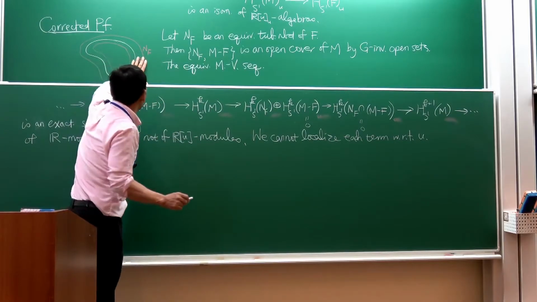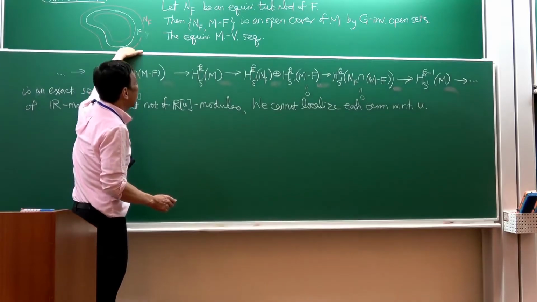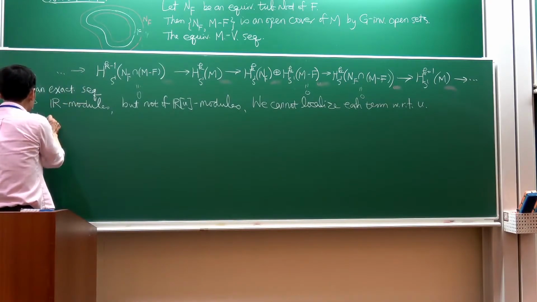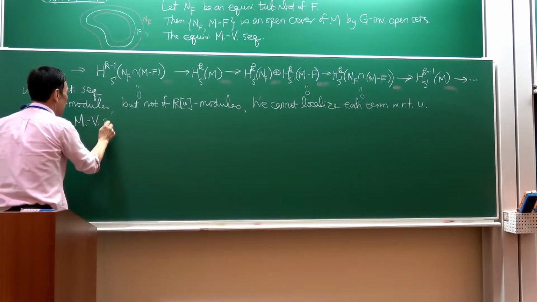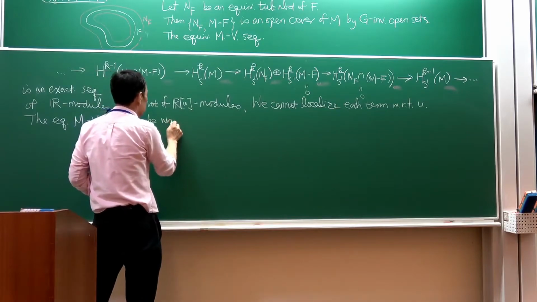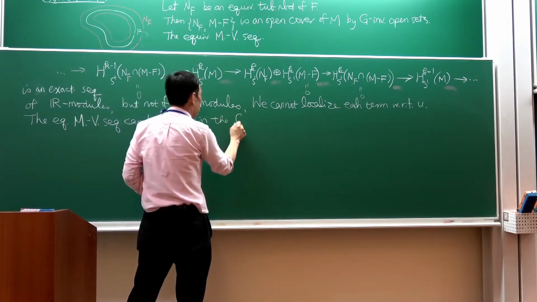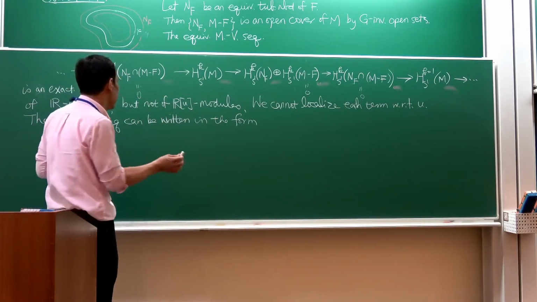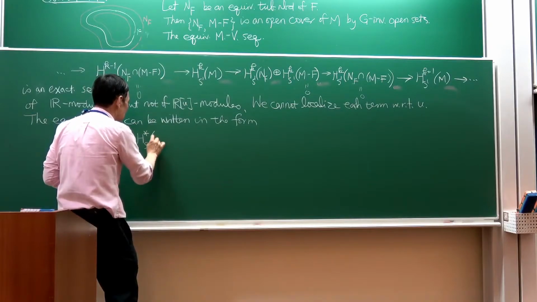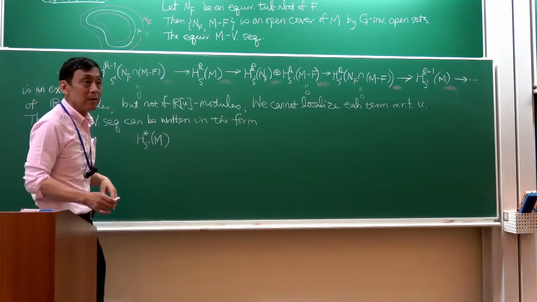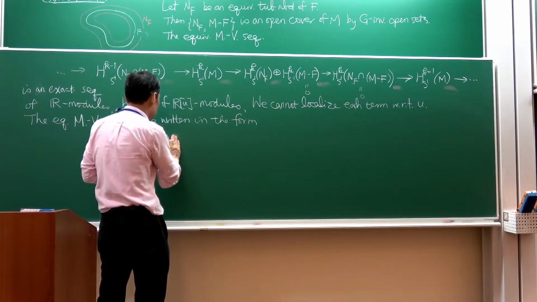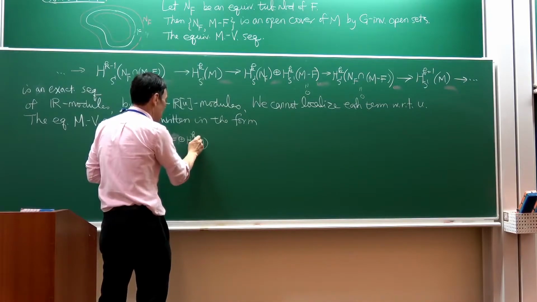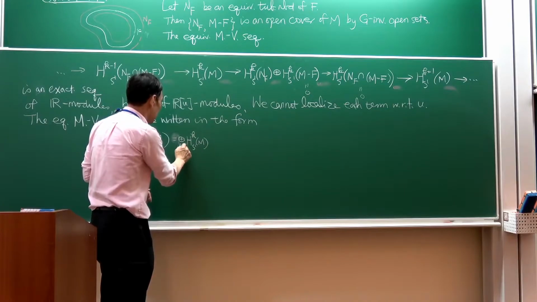So we have to fix this, but we can fix it this way. The Mayer-Vietoris sequence can be written in the form, you see, if you don't separate it into different degrees, then it's an R(U) module. So you just collect all the terms together. This is the direct sum of the equivariant cohomology over all degrees.